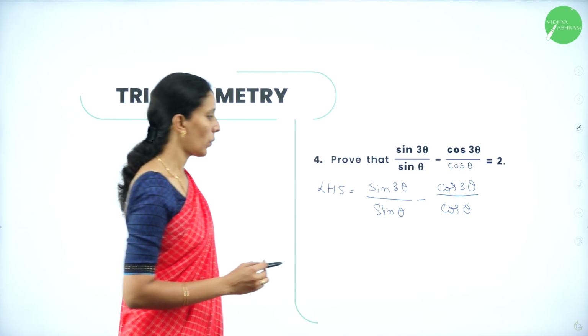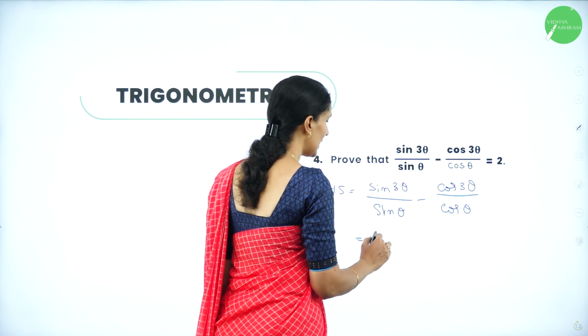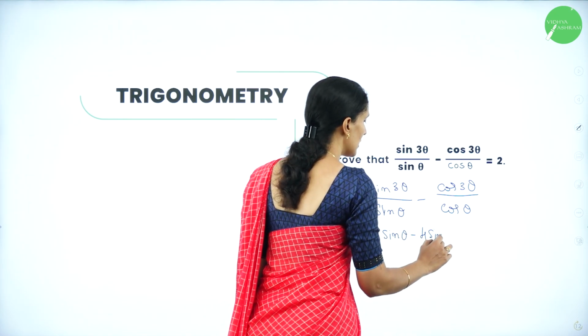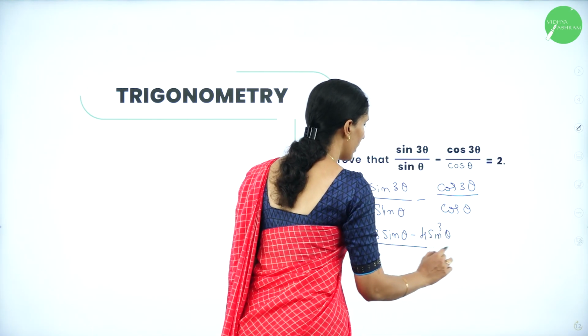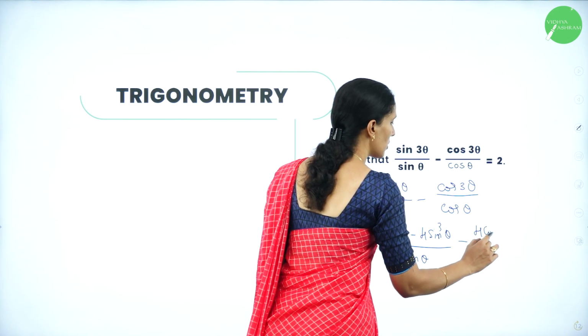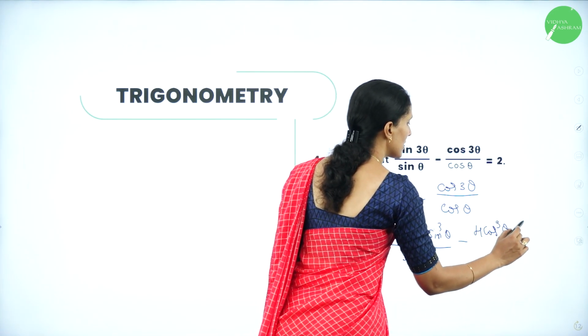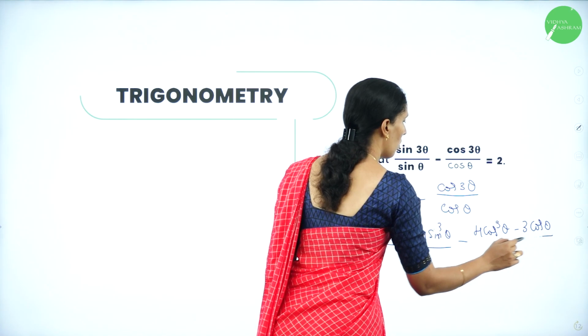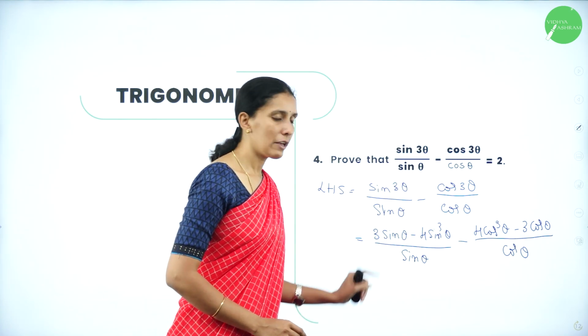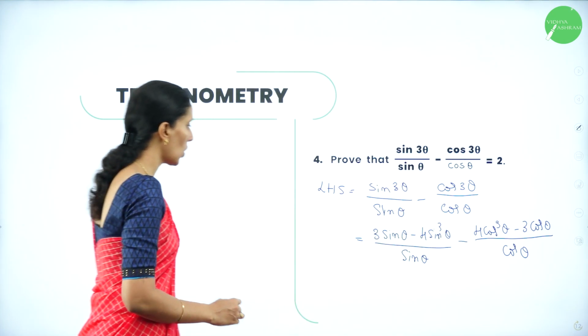Substitute in the equation. So sin 3 theta is 3 sin theta minus 4 sin cube theta, whole divided by sin theta. And here it is 4 cos cube theta minus 3 cos theta, whole divided by cos theta. Now divide it separately with sin theta and that with cos theta.